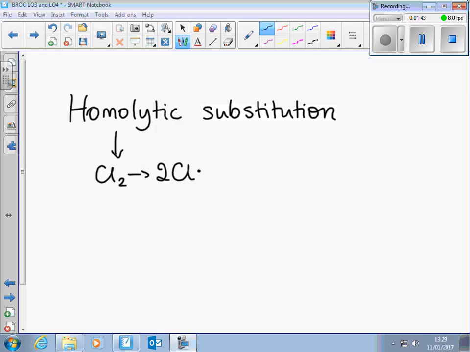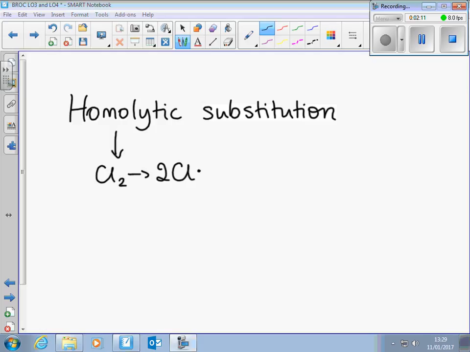But yes, if you decide to type any of the mechanism out yourself, you'll have to find a way of putting a dot to represent radicals. So that homolytic splitting means that each of the 2 chlorines gets one of the electrons that was in the shared pair. It's equal splitting. And the substitution is hydrogen atoms in the molecule being substituted by the chlorine.